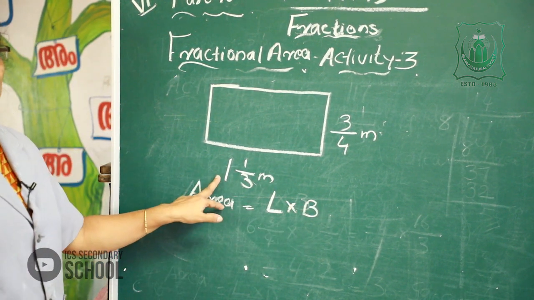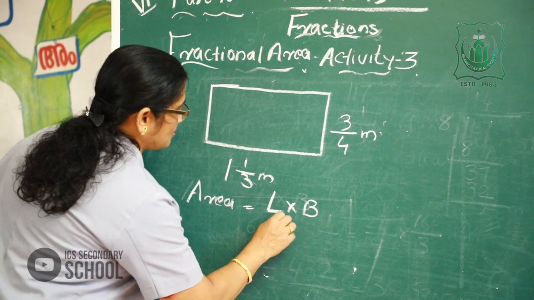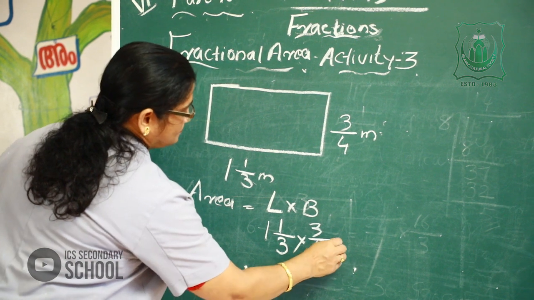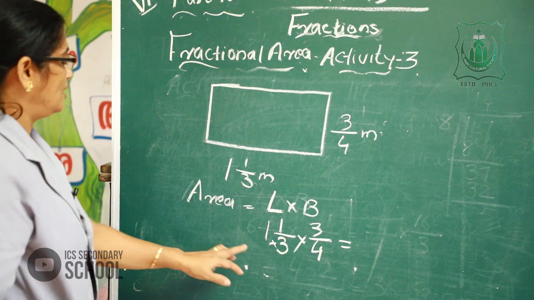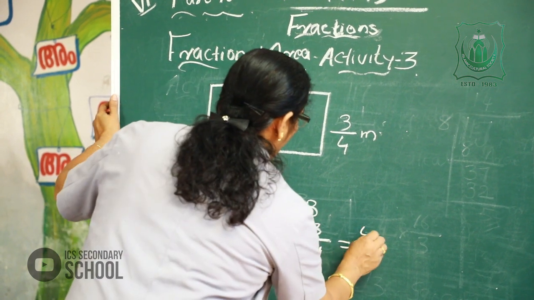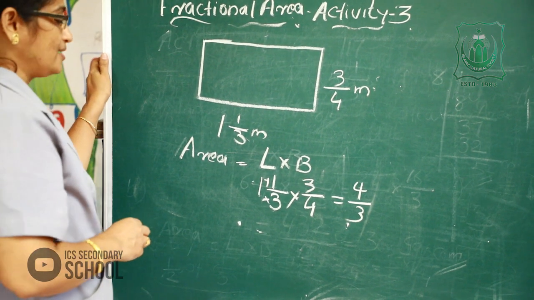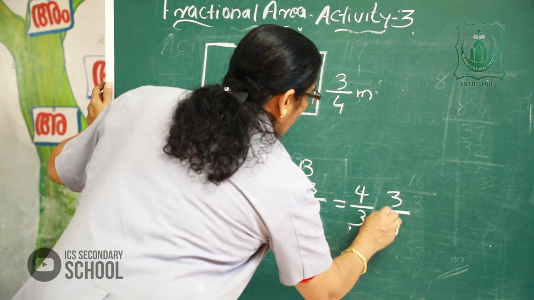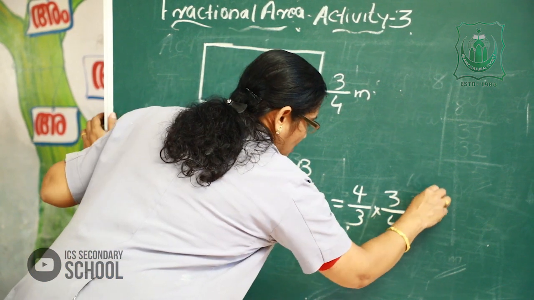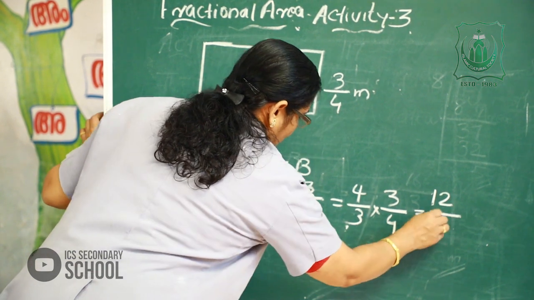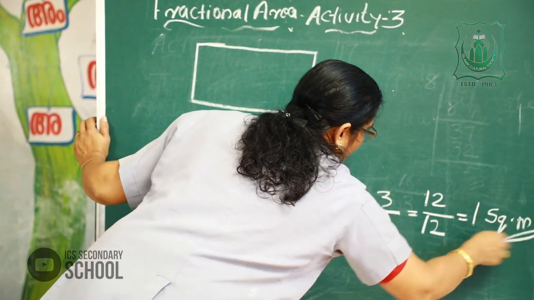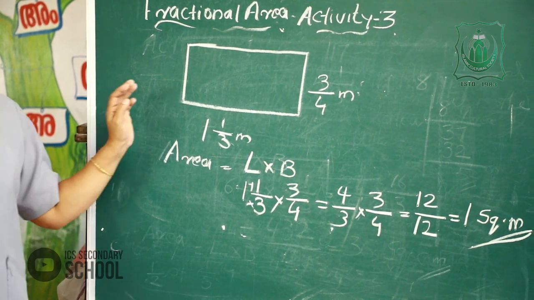Length into breadth: length 1/3 into breadth 3/4. 1/3 into 3/4 is 3 into 1, 3, 4 by 3 into 3 by 4 is 4 into 3, 12, 4 into 3 is 12. Is 1 square meter. Are you finished?